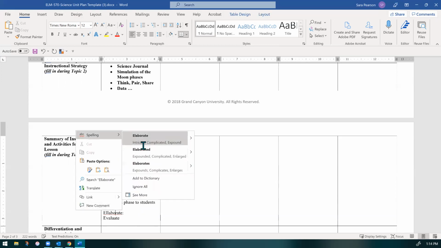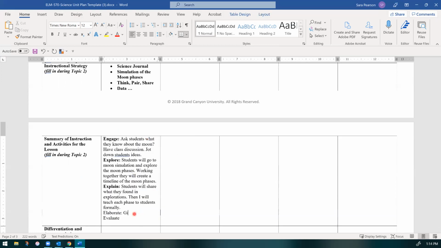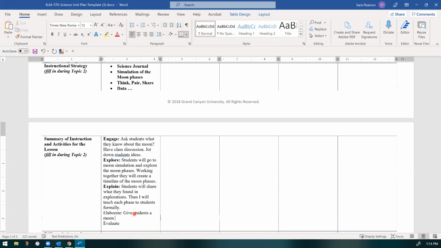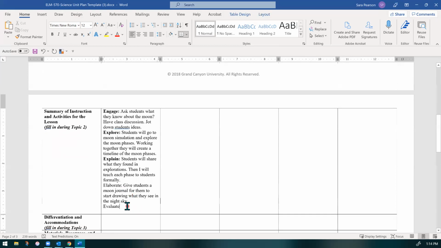You might say, give students a moon journal for them to start drawing what they see in the night sky. And then my evaluate might be an exit ticket. And I might evaluate students.